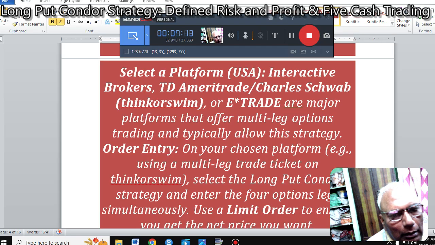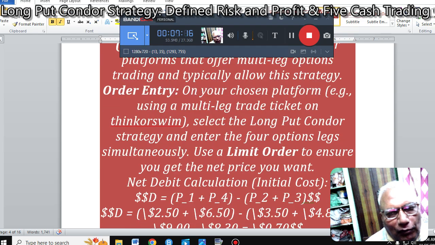Order entry is easy using a multi-leg trade ticket on Thinkorswim. Select the Long Put Condor strategy and enter the 4 option legs simultaneously. Use a limit order to ensure you get the net price you want.